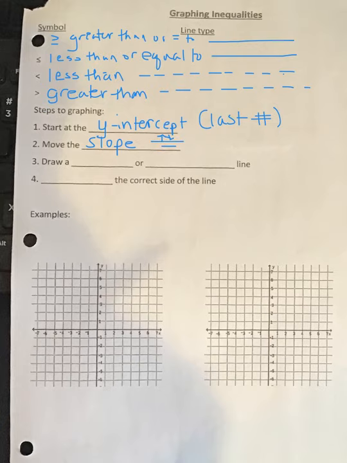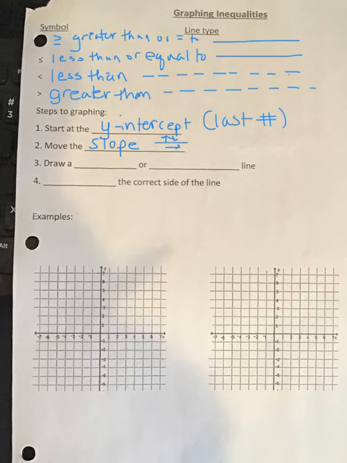The bottom number means you're going to the right. And then you're going to draw either a dotted or a solid line. And then you're going to shade. So this one has a couple more steps than the last one.